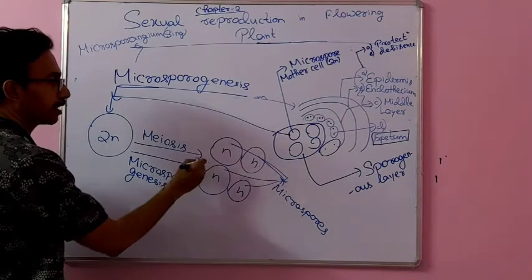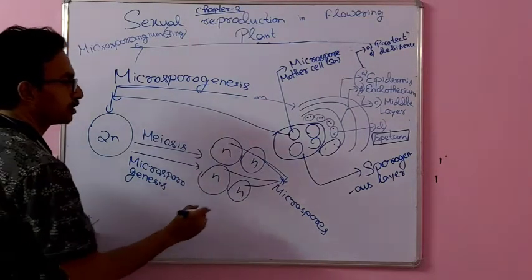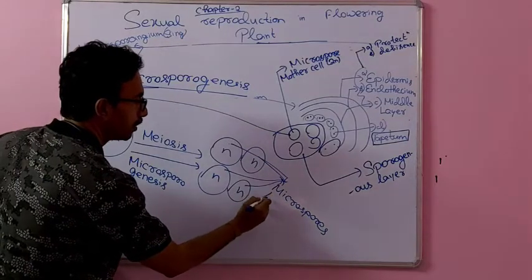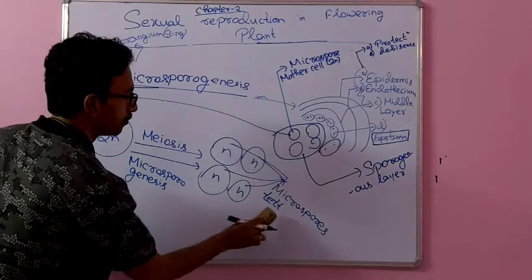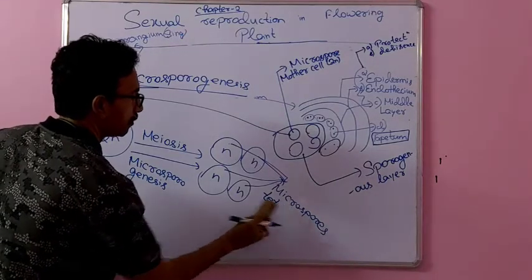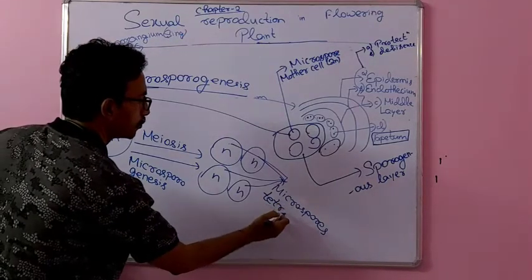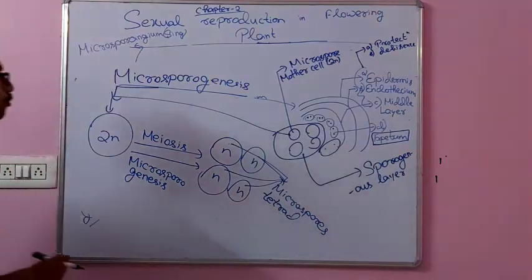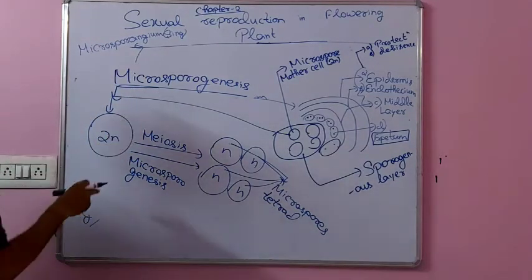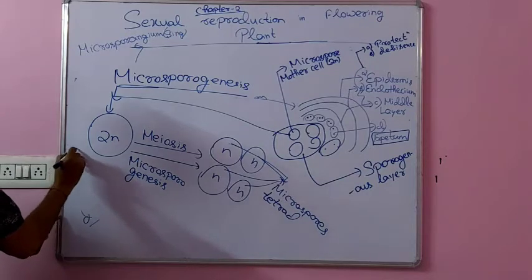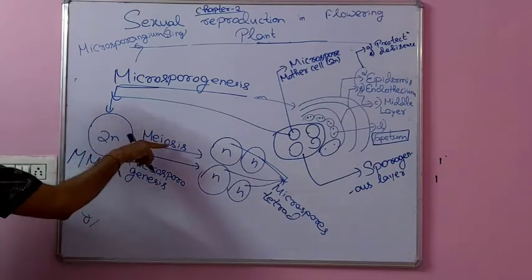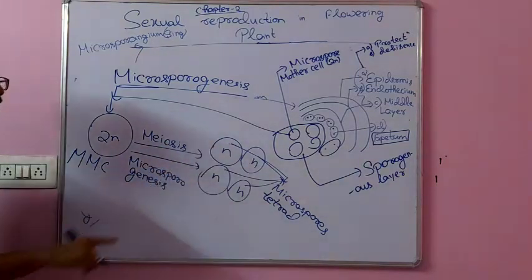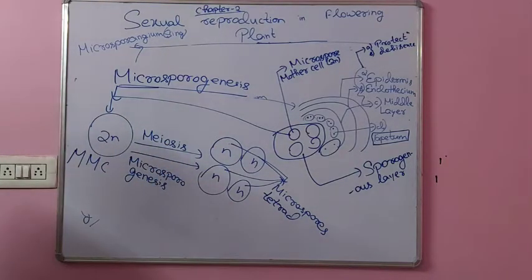As there are 4 microspores, these are also called a microspore tetrad. So you can define microsporogenesis as a process in which the microspore mother cell undergoes meiosis to form a microspore tetrad. This is about microsporogenesis.